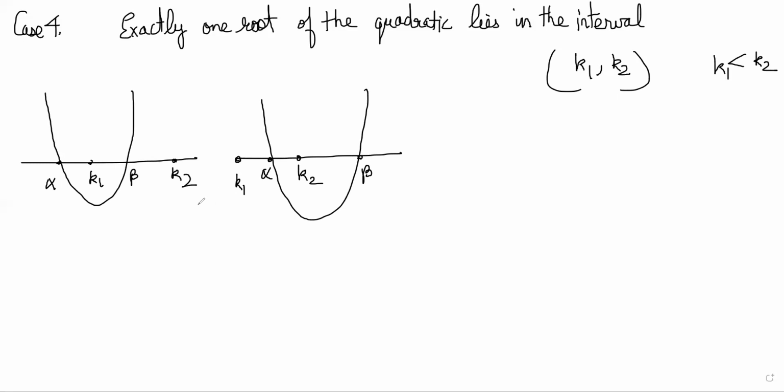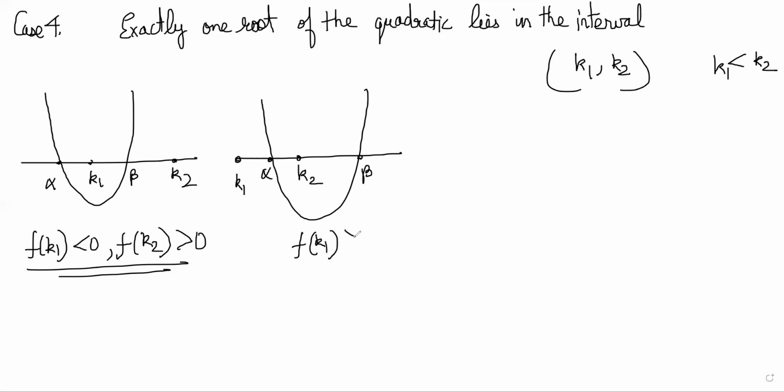Correct. So the only time when one root lies between is when f of K1, notice f of K1 is less than 0 and f of K2 is greater than 0 here. And here f of K1 is greater than 0 and f of K2 is less than 0, right? f of K2 is negative, f of K1 is positive.